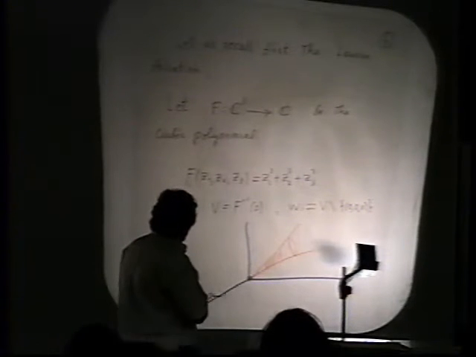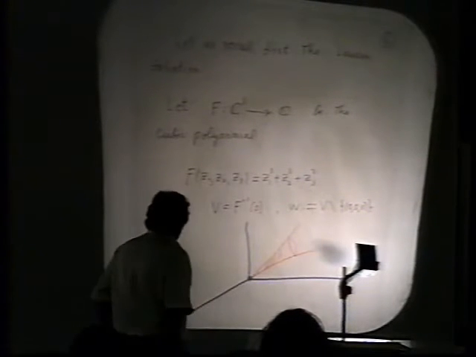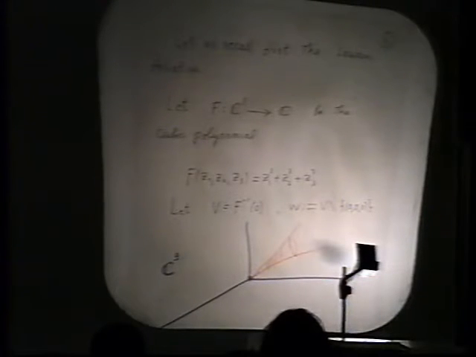Let's consider now, and I'll explain what the Milnor fibration is, a cubic polynomial, a homogeneous polynomial.